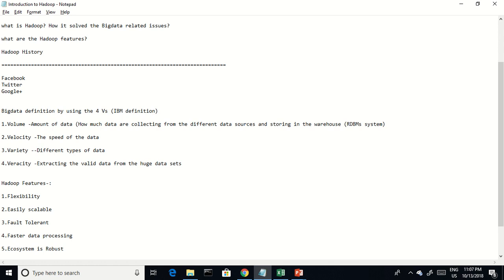The amount of data we are collecting from the different data sources is called the volume of the data. And next is the velocity of the data, at what speed the data keeps being produced.